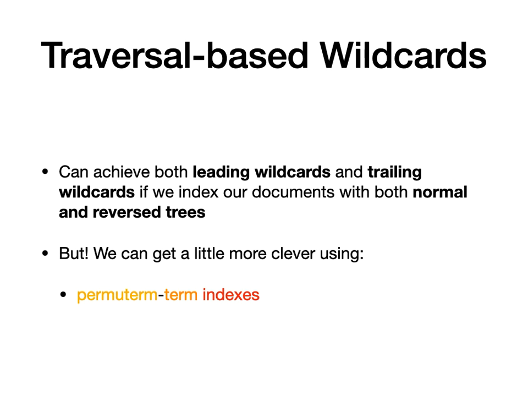But that's a lot of indexing twice, rebuilding a second set of trees for this one singular feature. We're not going to need a reverse tree dictionary lookup system for much else. So we can get a little more clever by building a different kind of index, a permuterm term index.